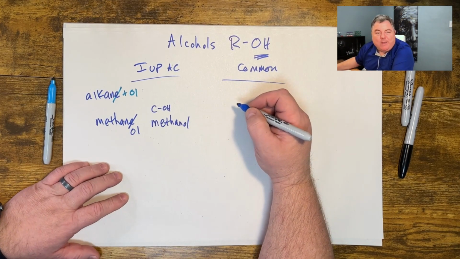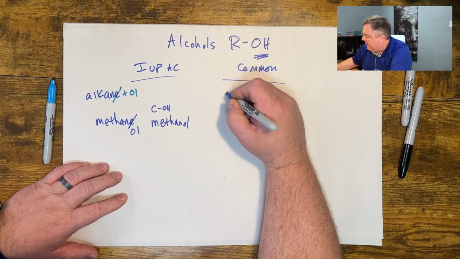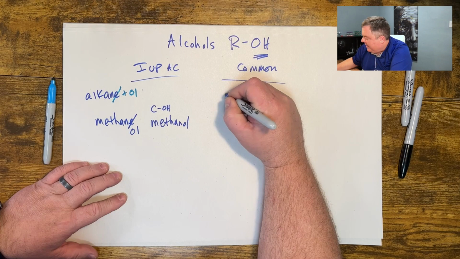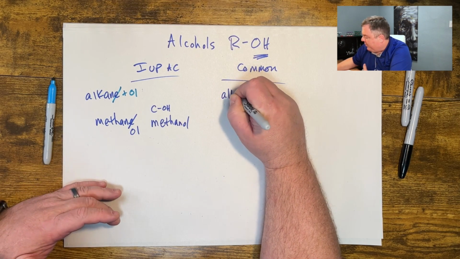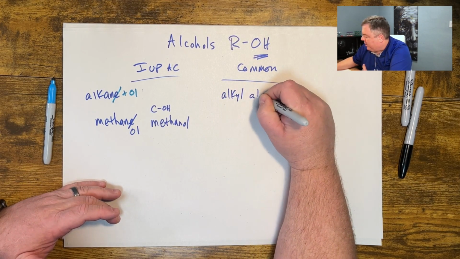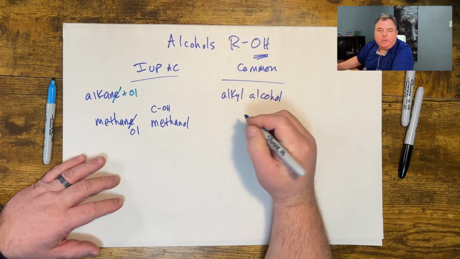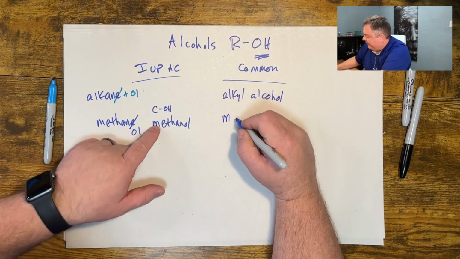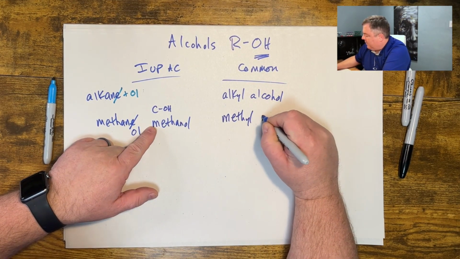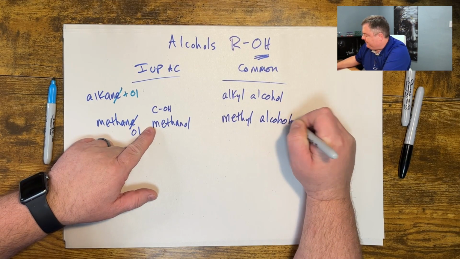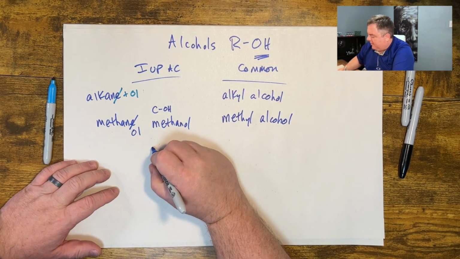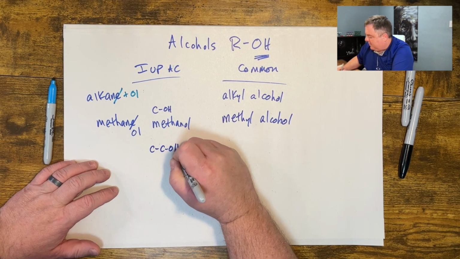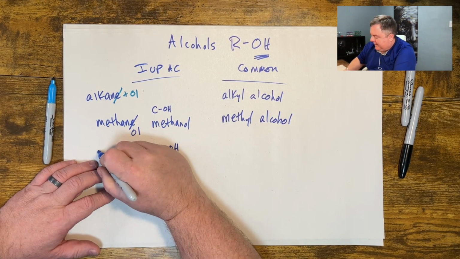And the common way of naming an alcohol is to name the alkyl group you're dealing with and put the word alcohol on the end. So this would be methyl, since there's 1 carbon, alcohol. 2-carbon alcohol, 2 carbons is ethane.